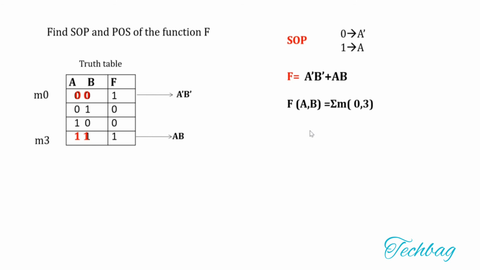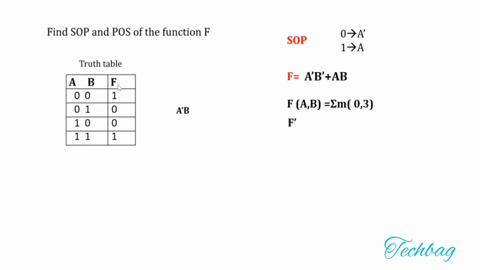If you are trying to write f complement, that is the complement form of f, the value is 0. So in this truth table, you have to find the input combination for which f is equal to 0, because we are writing f complement. The corresponding input combinations are 0, 1 and 1, 0.